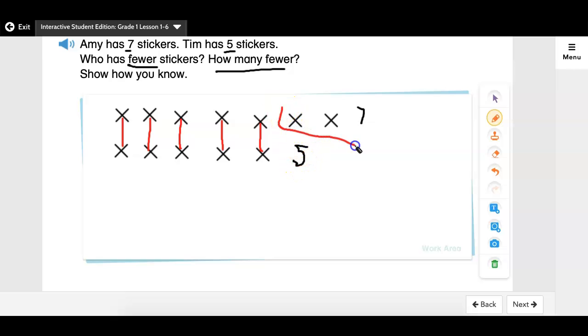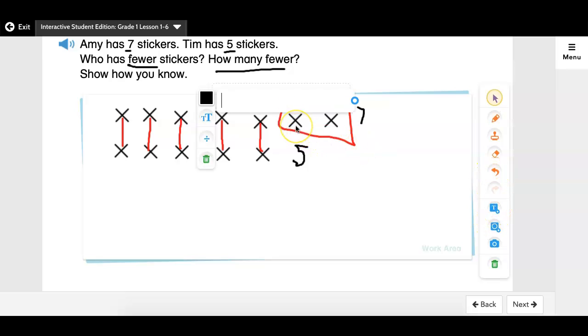But Amy had 7, so she had 2 more stickers than Tim. So when it asks us how many fewer did Tim have, Tim did not have 2 more stickers. So he was 2 fewer than Amy.